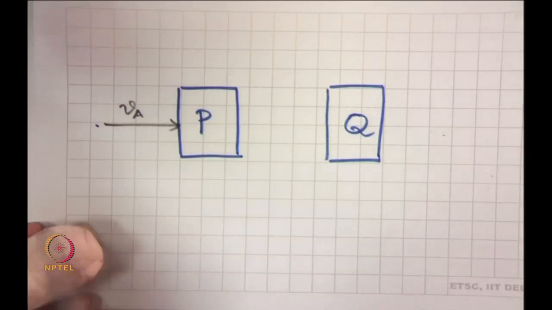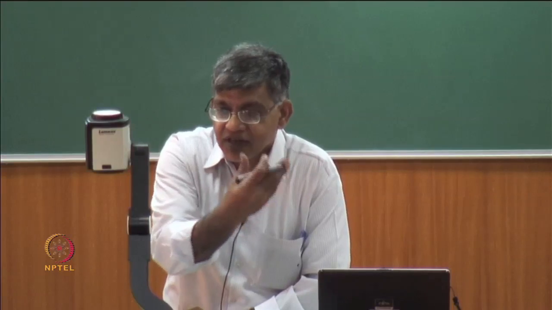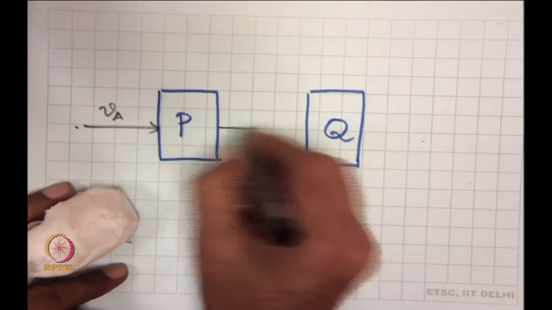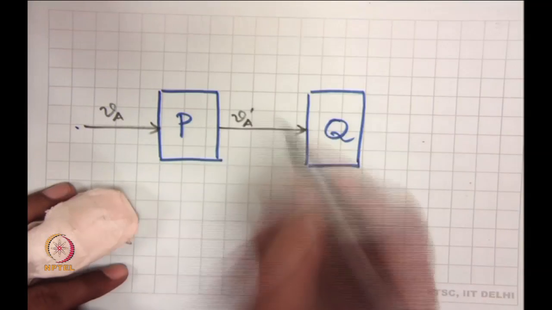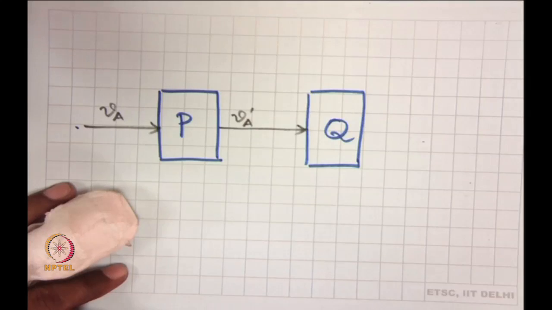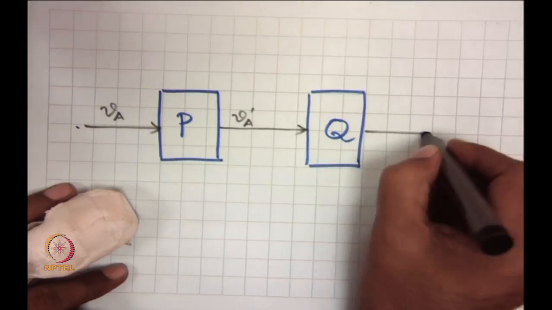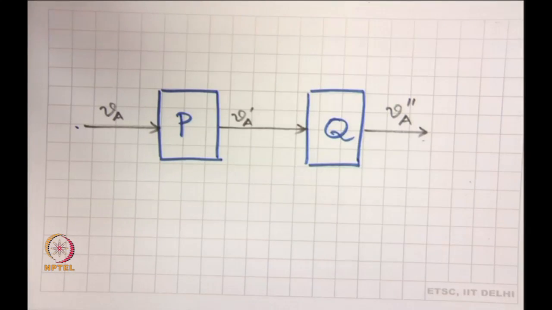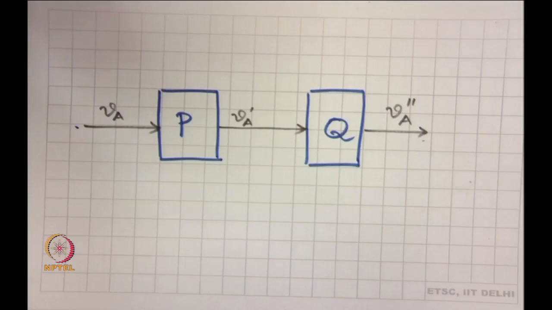You think of this valuation itself as an input to the program. After all, programs work on memory, so they work on valuations. And P will result in a transformed valuation V A prime, which is the input to Q and which gives me a new valuation V A double prime. So this is completely functional, a functional style of defining.